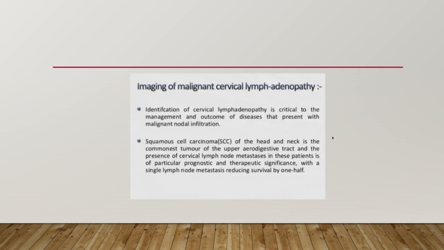So, for the management of a CA patient, you have to identify the involvement of the cervical lymph nodes. The treatment will depend upon the presence or absence of cervical lymph node involvement. It also has prognostic significance.